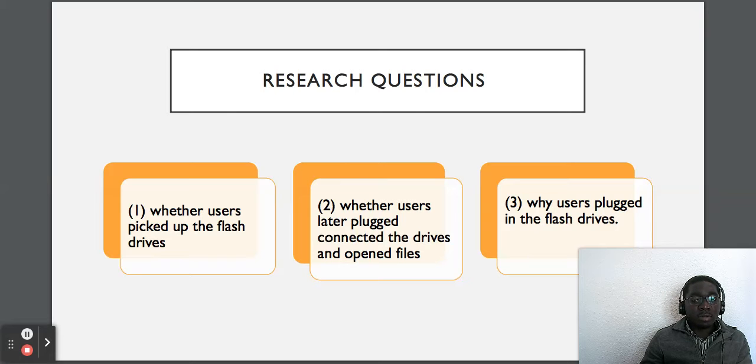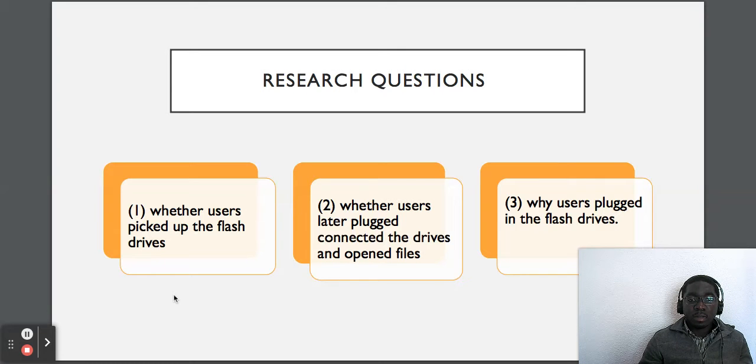The second question addresses whether users really plugged in the USB key and really opened the files which were inside. Then the third question addresses the motivation of the users for opening the files.